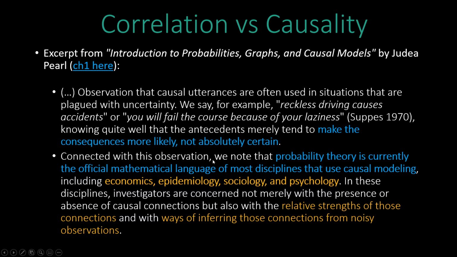Connected with this observation, we note that probability theory is currently the official mathematical language of most disciplines that use causal modeling, including economics, epidemiology, sociology, psychology, etc. I would add, in these disciplines, investigators are concerned not merely with the presence or absence of a causal connection, but also with the relative strengths of those connections, and with the ways of inferring those connections from noisy observations.